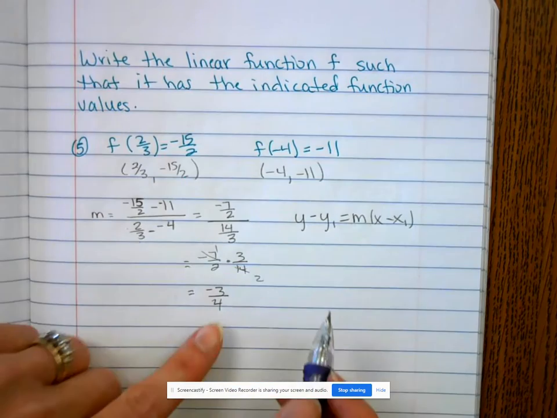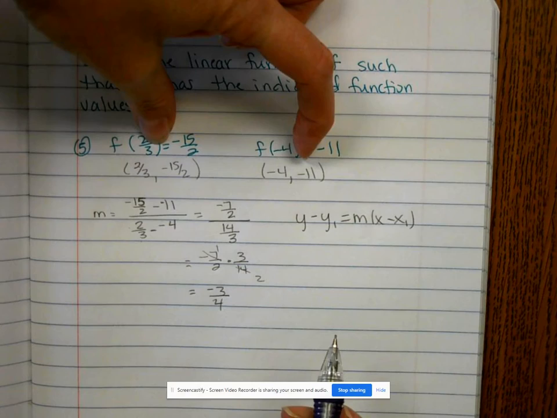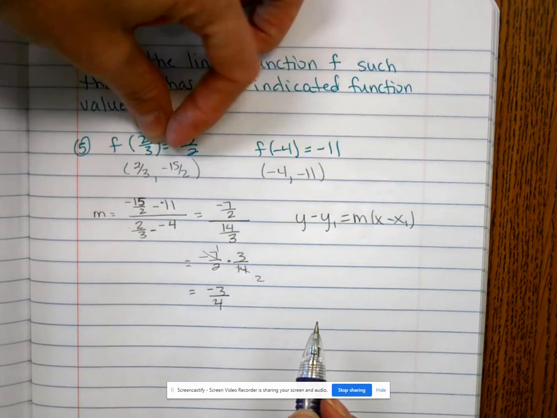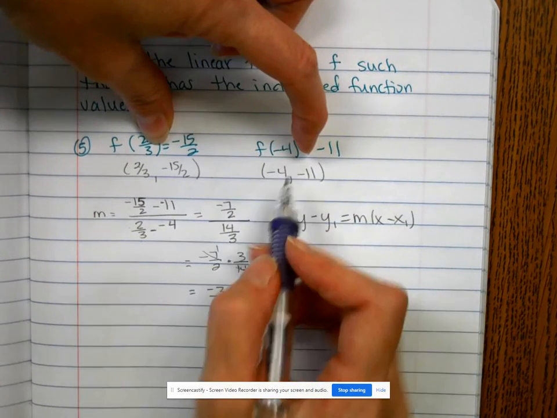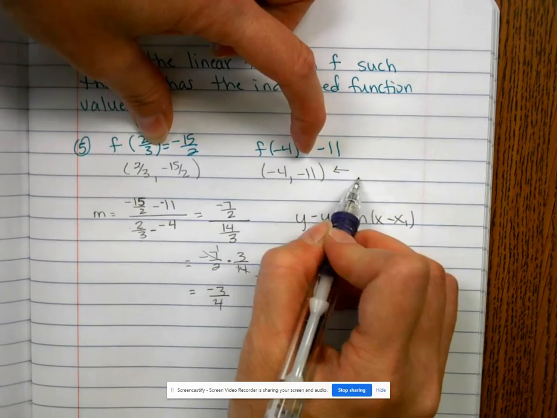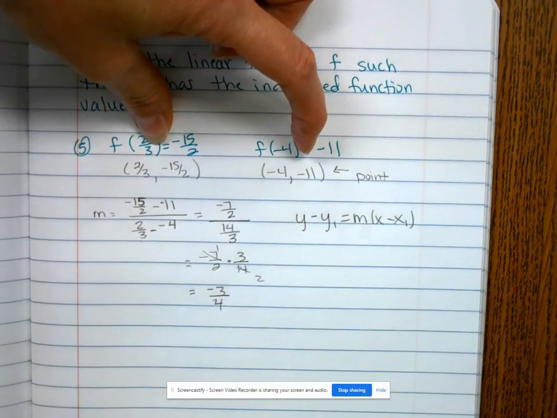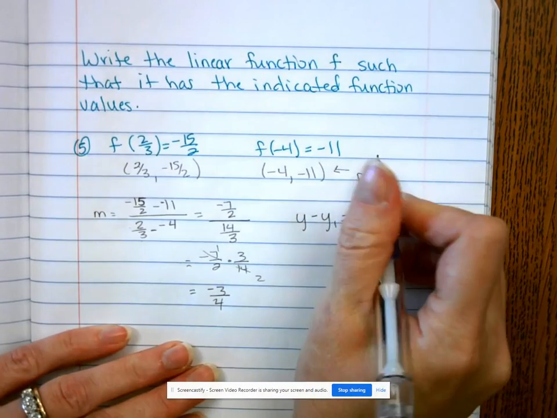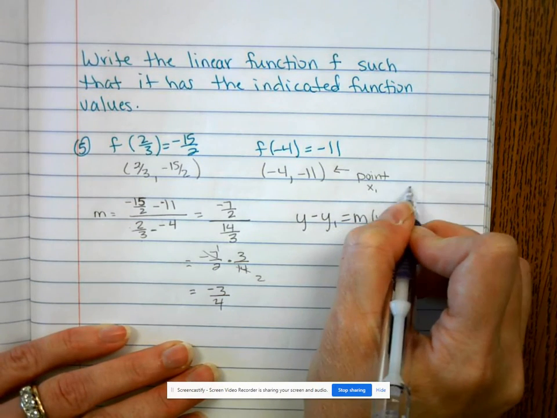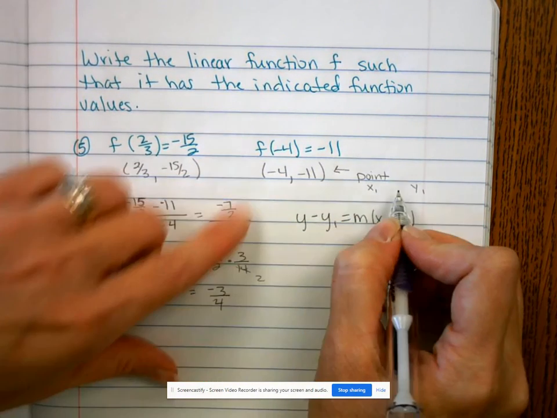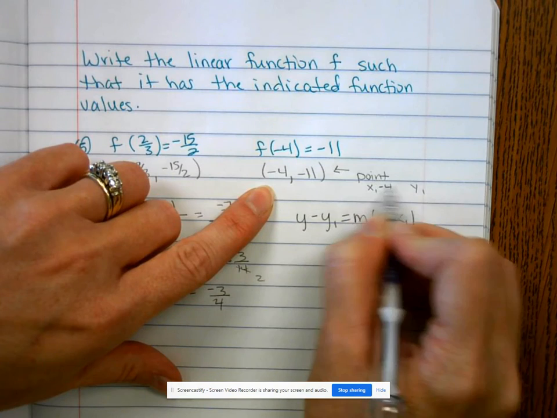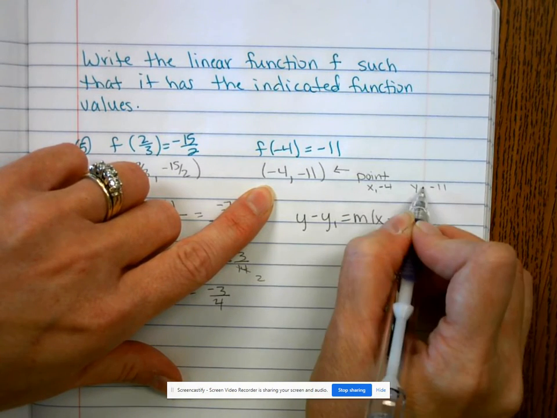All right, so once you have your slope, pick one of your points. Now, why on earth would you pick fractions if you don't need to, right? So I'm going to pick this as my point that I choose so that I can plug in an x1 and a y1 to my formula. So x1 is negative 4 and y1 is negative 11.